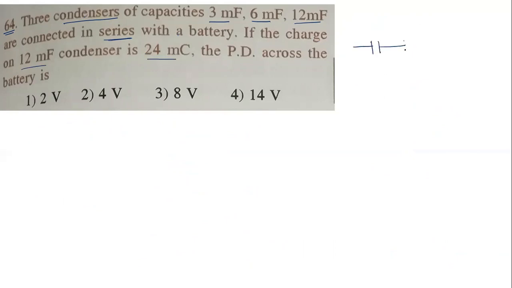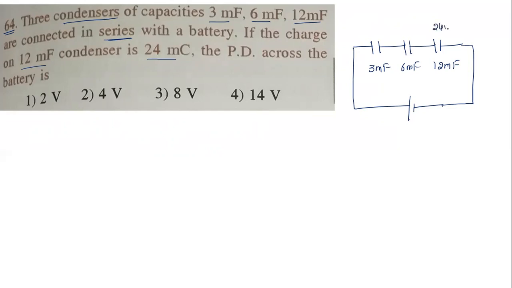First capacitor, second capacitor, and third capacitor: 3 millifarad, 6 millifarad, and 12 millifarad, connected to a battery. If the charge on the 12 millifarad, third capacitor, is 24 millicoulomb, the potential difference across the battery, how much?